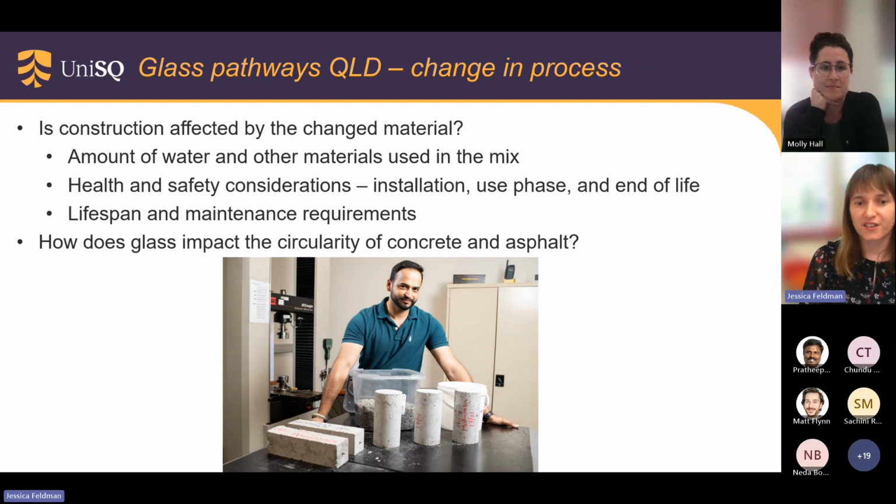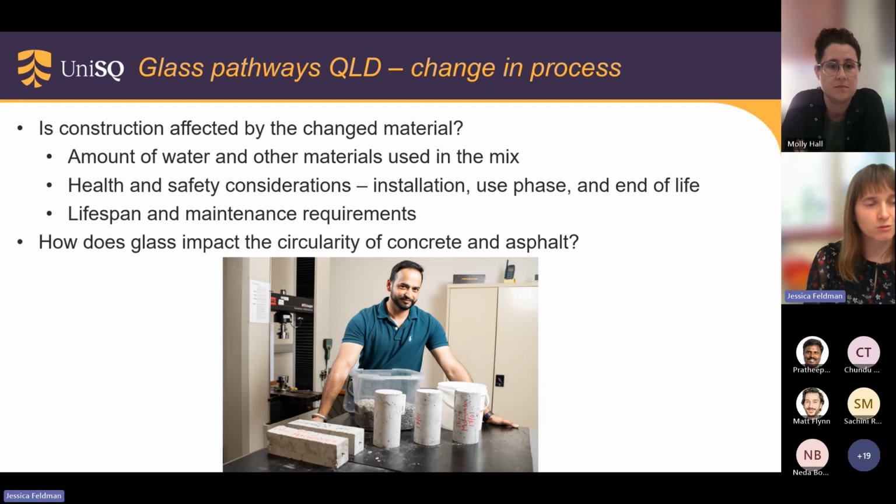So just some other considerations for circular economy that determine whether putting this waste glass sand into other materials is a good idea, or whether it will have other immediate or long-lasting effects. And these are also important to consider. So is construction affected by that changed material? When you add glass into these products, like concrete or asphalt, how are the properties of that material affected?